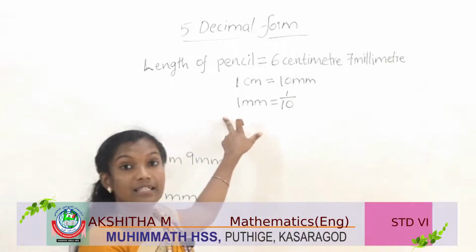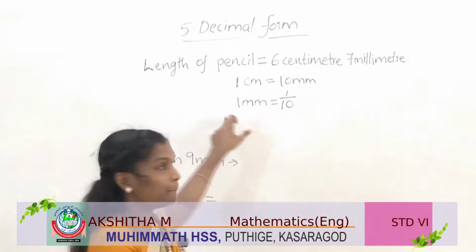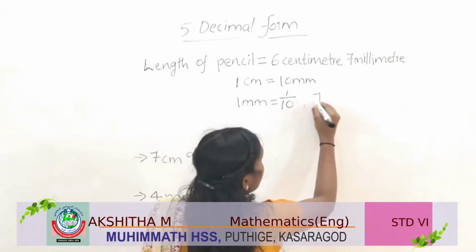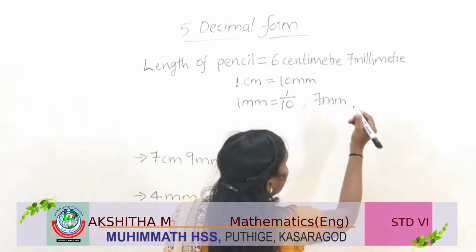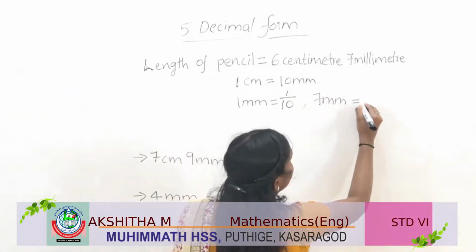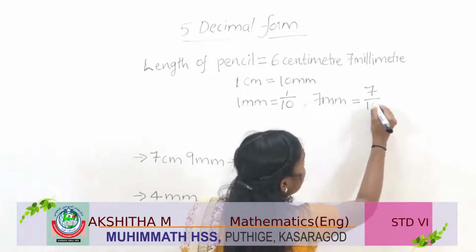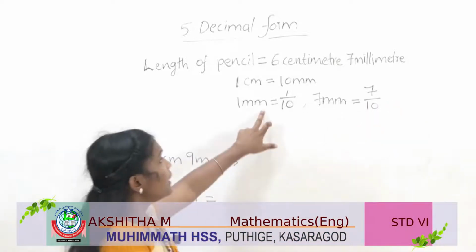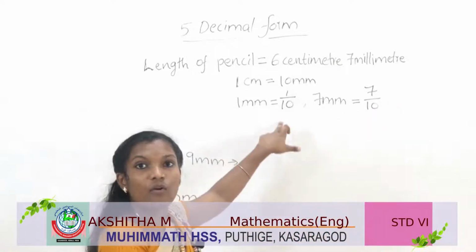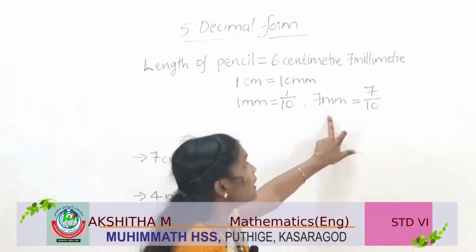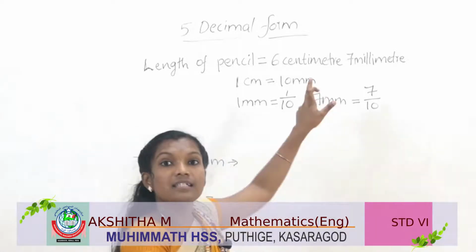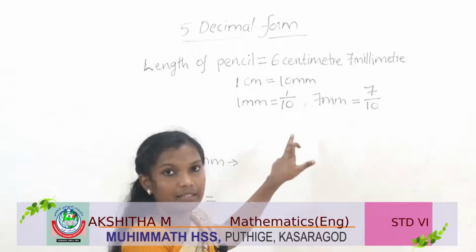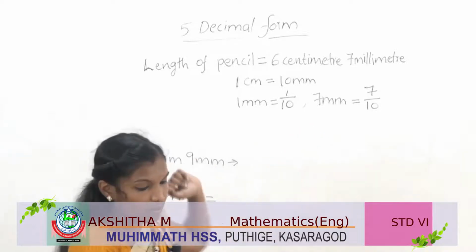How can we write 7 millimeter? 7 millimeter we can write 7 by 10. 1 millimeter we can write as 1 by 10 and 7 millimeter we can write as 7 by 10. Is it clear now?